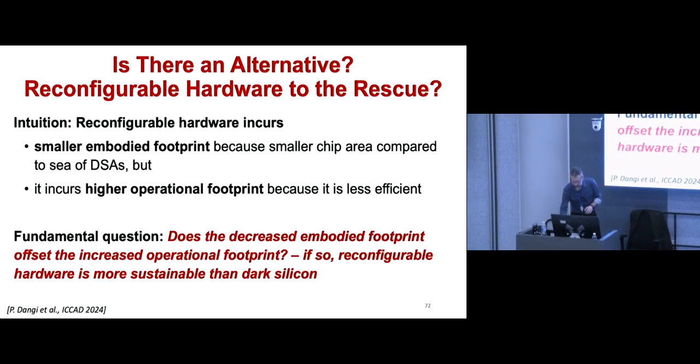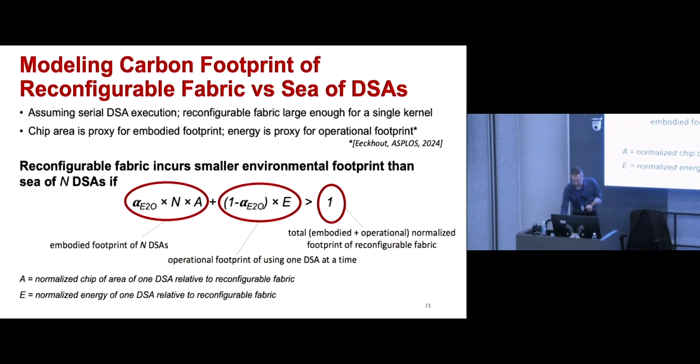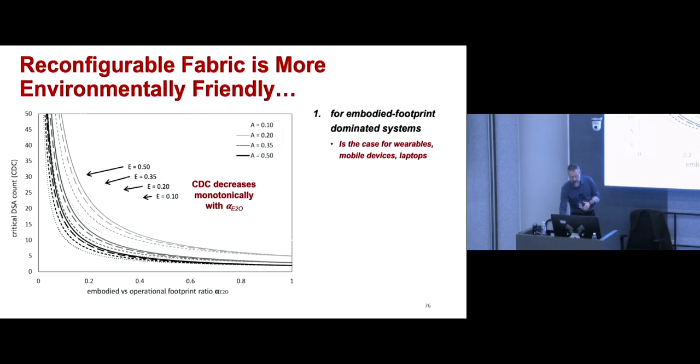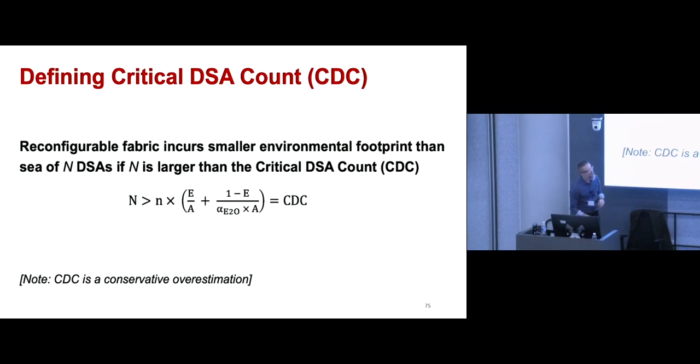I see that we're running out of time here, but we did some simple analysis building upon the FOCAL model that I talked about. And basically what we came up with was this notion of a critical DSA count.